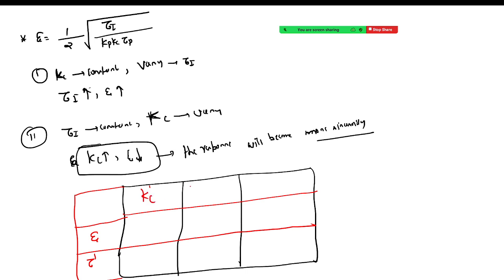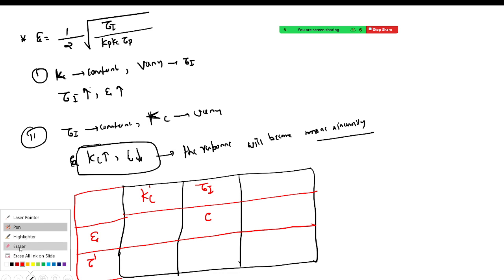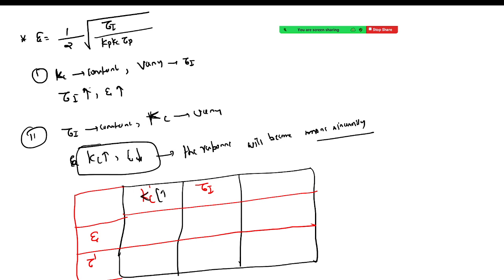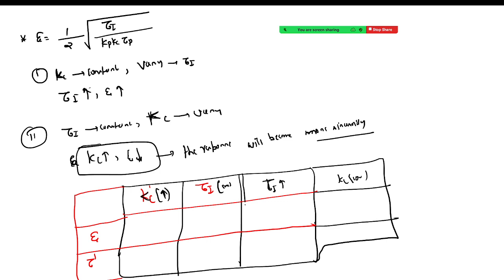Here this was kc and this was your tau I. You can understand these things in your own way, by making a table. If I increase Kc with tau I constant, and second, if I increase tau I and Kc is constant, you can separate these things and write the values of zeta and tau.